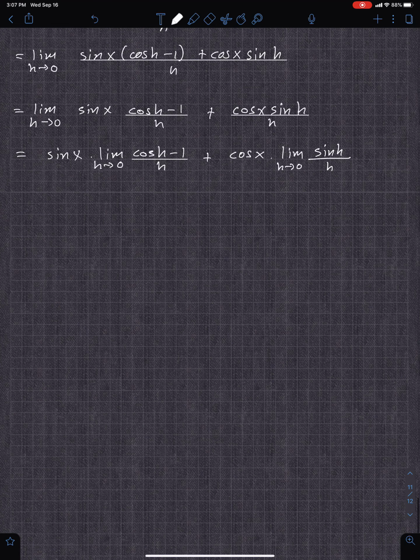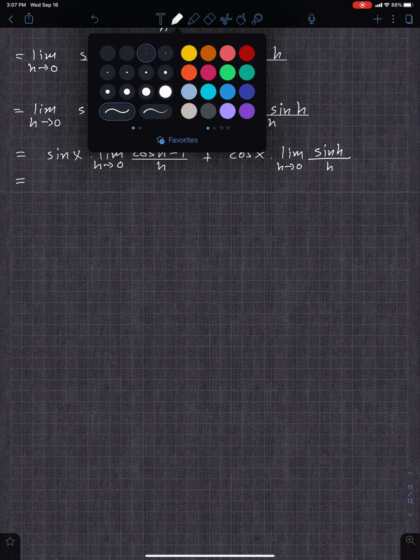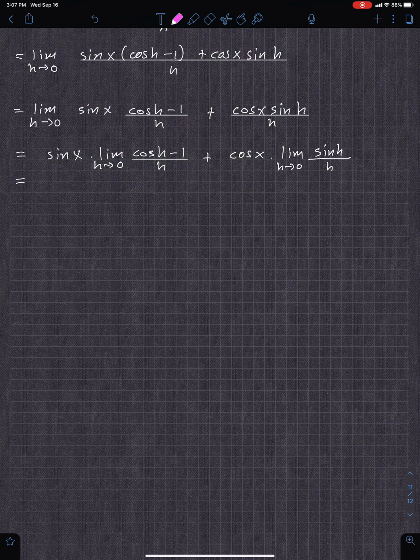And we can see there that this is approaching 0, and this is approaching 1. So what are you left with? You're left with exactly cosine x.